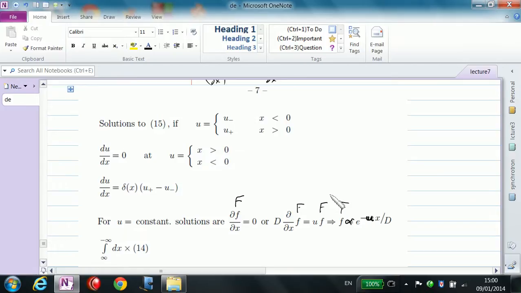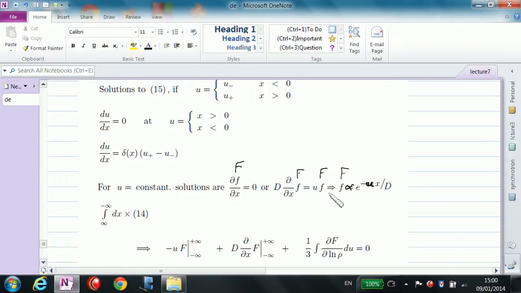Because if you solve this, well, okay, if U is positive, okay. Anyway, it should be, no, if U is positive, just a second. You know what? Maybe this should be a plus. I do believe you're right. It's plus. Okay.